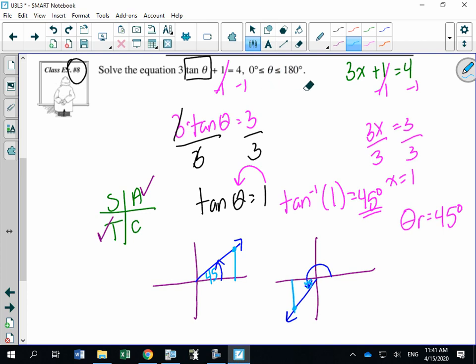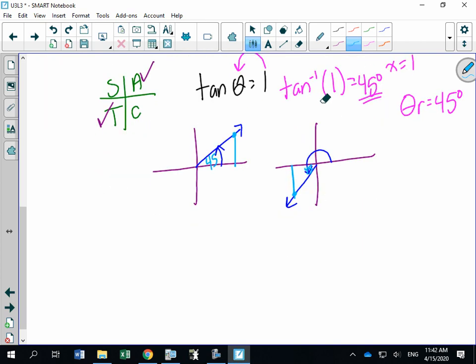So I'll get my 2 solutions, and then one of them I'm not going to use as an answer. So my 2 solutions, theta is equal to, so this angle, remember when we're in quadrant 1, the reference angle is equal to the rotational angle, so 45 degrees.